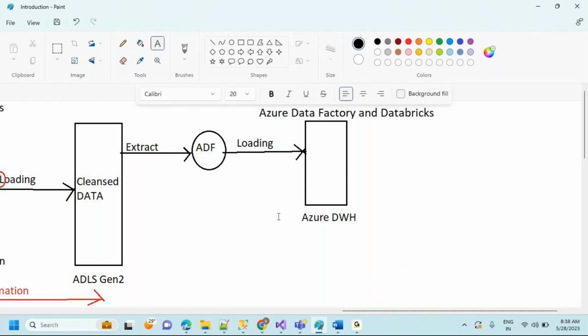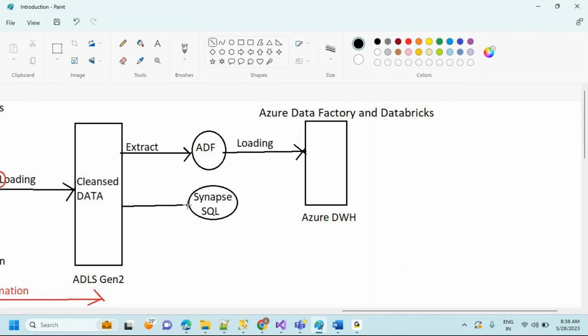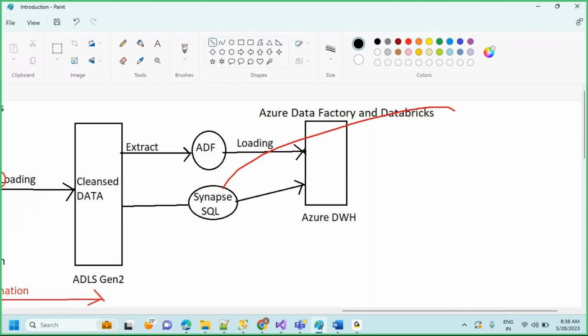Apart from that, we can use Synapse SQL to read the data from here and keep the data here, by creating external tables.